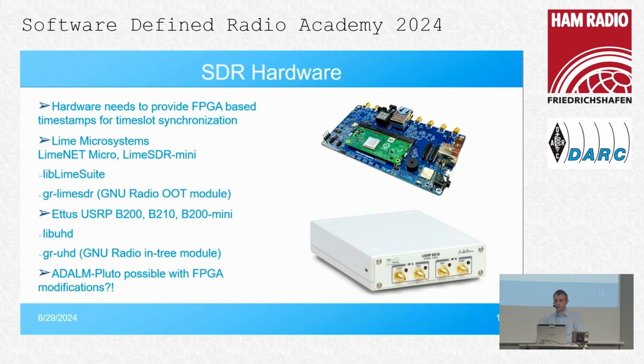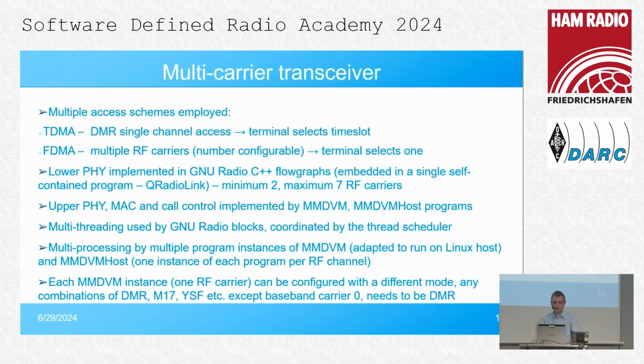Also, it's possible that the ADALM-Pluto can also be used for this purpose because it can be modified, so the FPGA can be modified to support time division multiplex access.